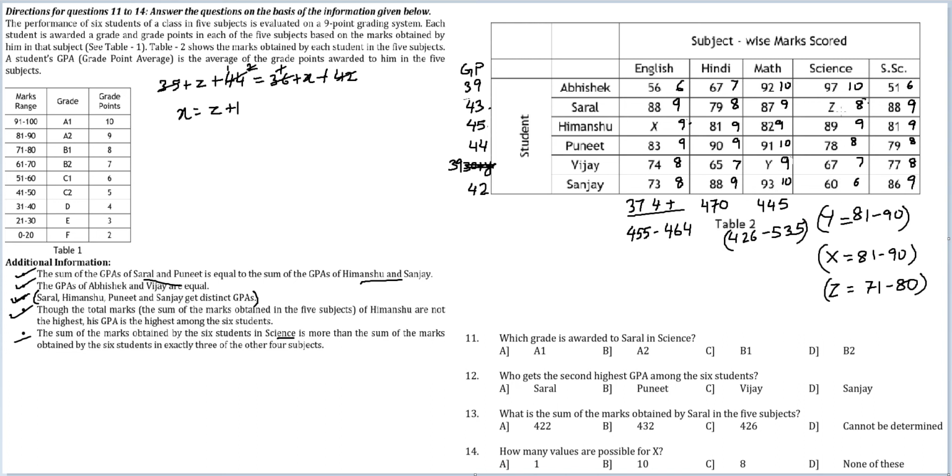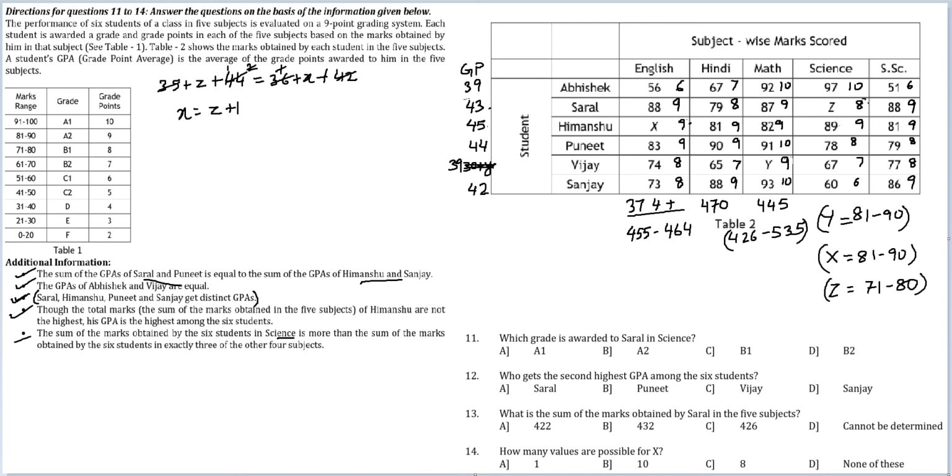For science, let's check. The problem with science is that I don't have a lot of totals here. Let's list 97, 89, 78, 67, 60. Okay.